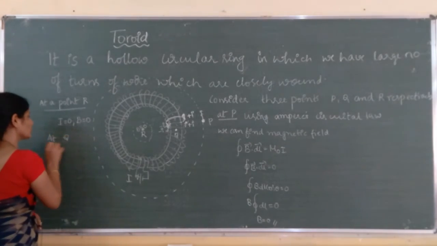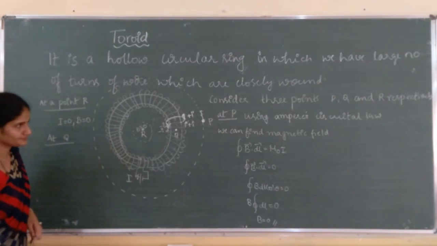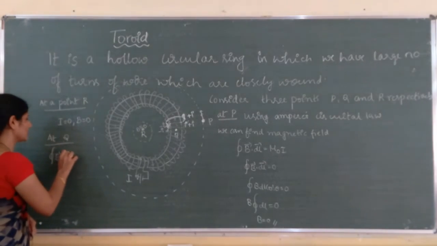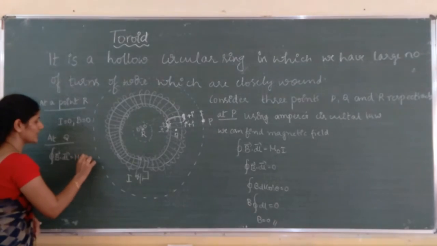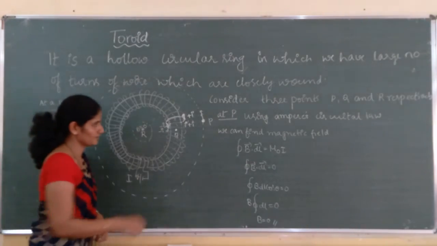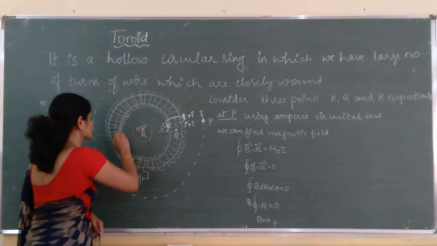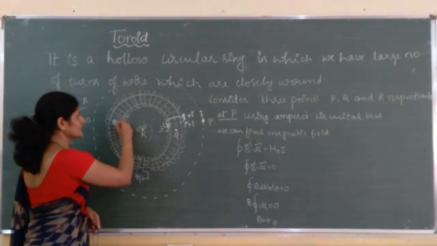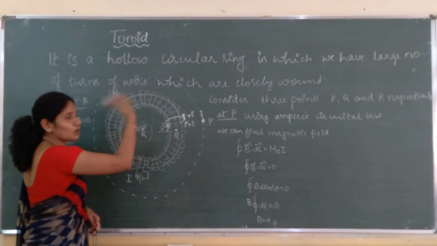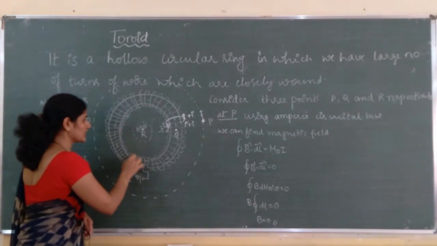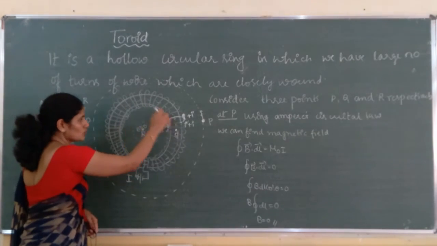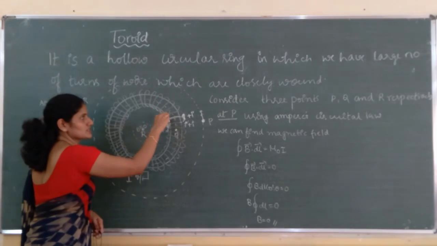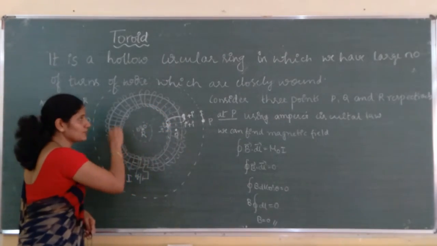Now, let us consider the point Q. At the point Q, using Ampere's circuital law, the closed line integral B vector dot dl vector is equal to mu naught into I, where I is the current enclosed in the loop. So, this is the Amperian loop. This surface is within the loop and this surface is outside the loop, so you have to consider only this surface. On this surface the current is going into the surface, they are in the same direction.